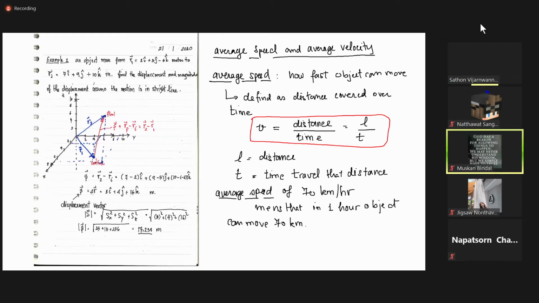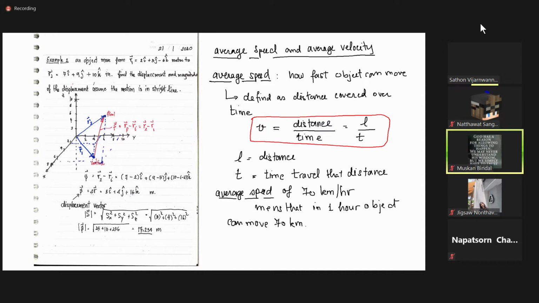Also, if you divide the displacement by its magnitude, what remains is the unit vector of the displacement, which gives the direction of the displacement.